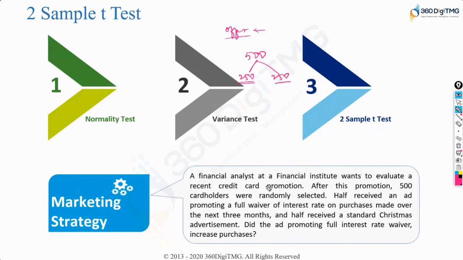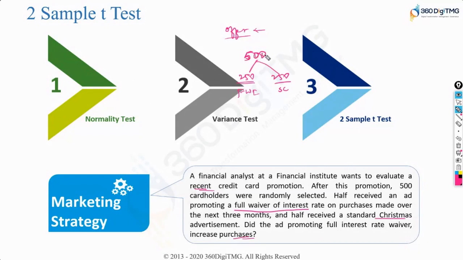The new offer, the recent credit card promotion, is a full waiver of interest rate. The remaining half received the standard Christmas advertisement. We want to check whether the purchases using these offers are more or not.